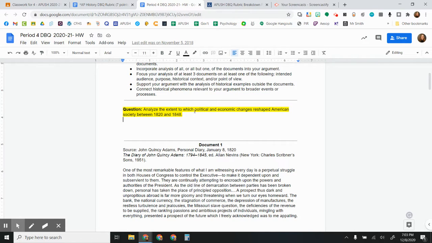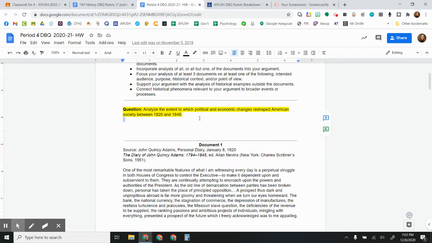Then you're going to look, it says political and economic. Now, College Board loves these 3 categories: political, economic, and social. Sometimes they ask them all in the beginning. This one is asking you actually to apply political changes and economic changes and demonstrate how they reshape society or the people.